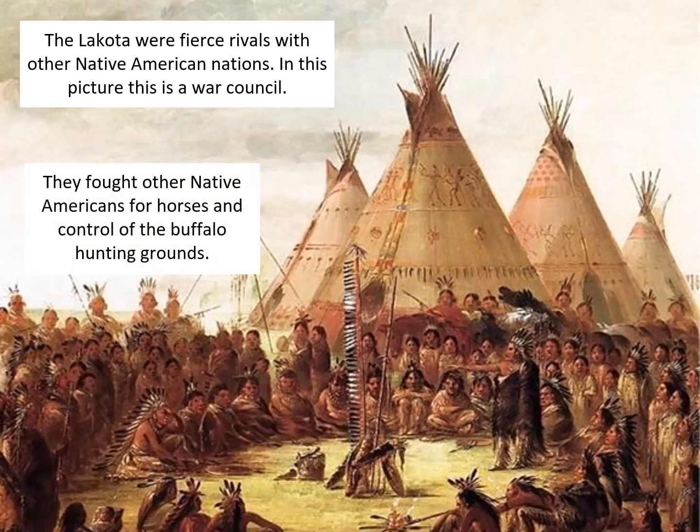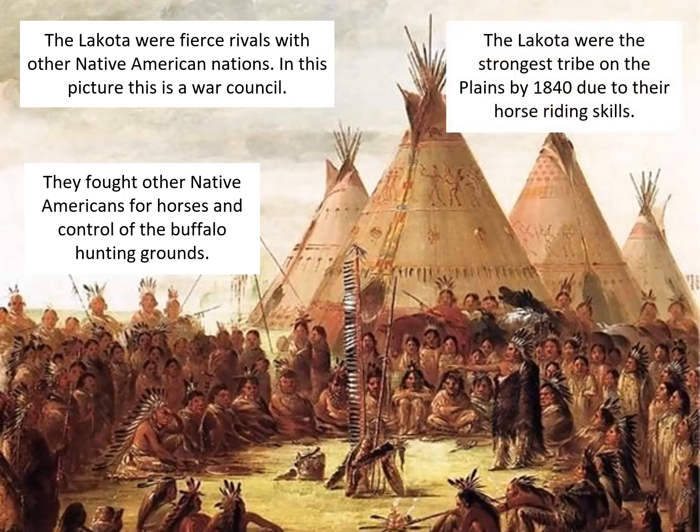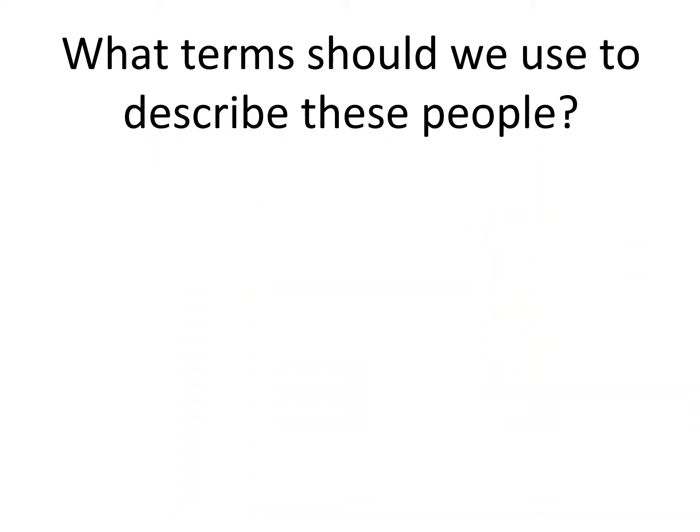And they fought other Native Americans for horses and control of those key buffalo hunting grounds that were fundamental to their existence. And really, by the start of the period where we're entering into, in 1840 to 1860, the Lakota are far and away the strongest tribe on the plains, and they are the strongest tribe because of their horse riding skills.